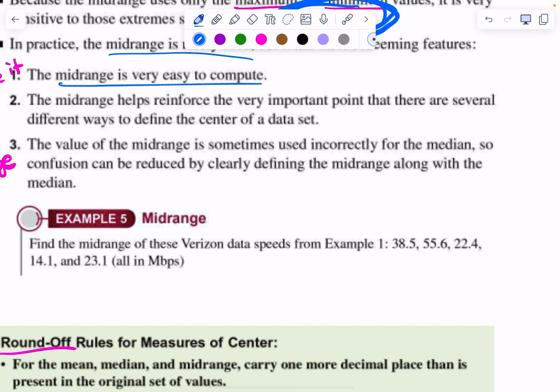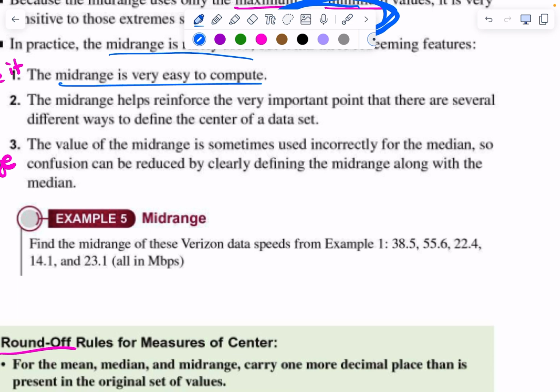We have the median, the mean, the mode, the mid-range. Those are all 4 ways of finding the central number of your data. The value of the mid-range is sometimes used incorrectly for the median because it's what the median should be. So confusion can be reduced by clearly defining the mid-range along with the median.